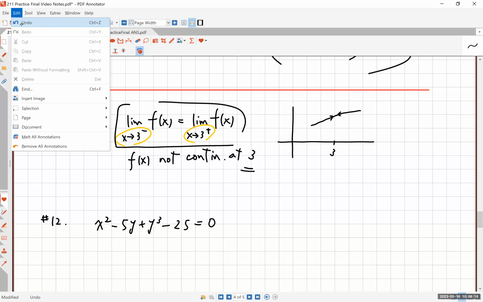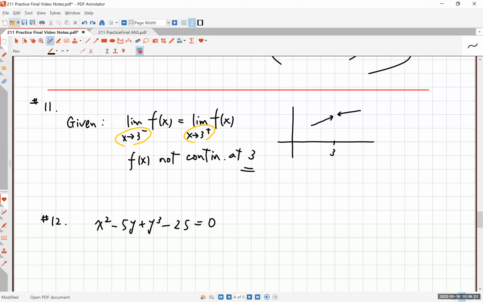And if you look at the definition of continuity, it says if f were continuous at 3, then f of 3 has to be defined. f of x has to be defined at 3, and the limit has to exist, which means that this has to be true.